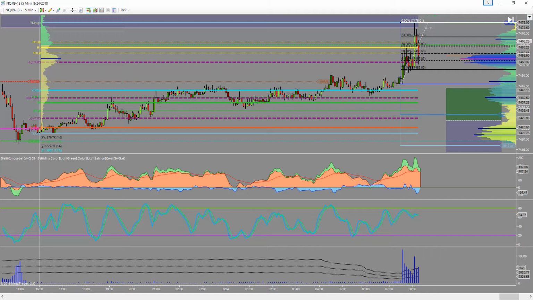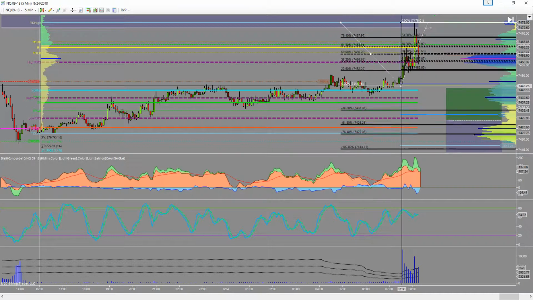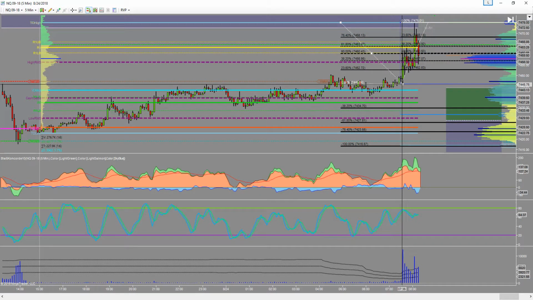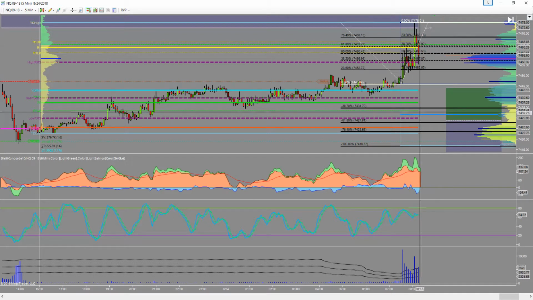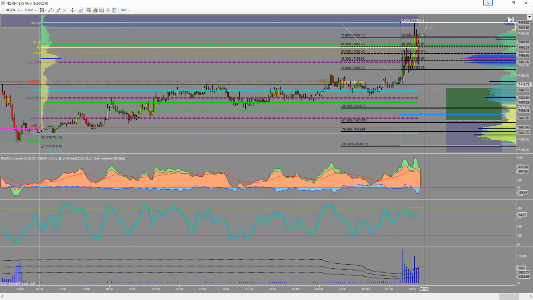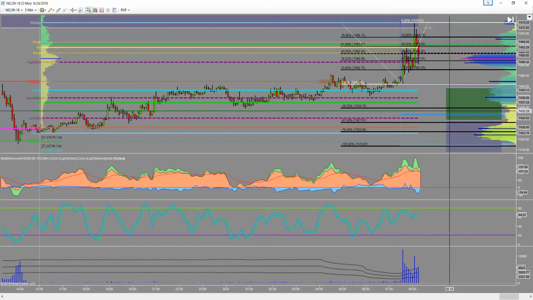That will give you your upper levels, and you can also draw your lower levels at the same time. So in case this market goes down and breaks this lower boundary or that initial balance low, you will know where it's supposed to go.